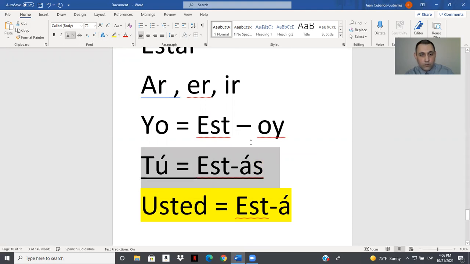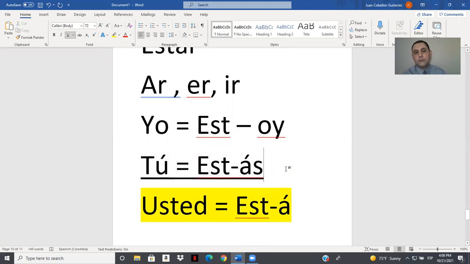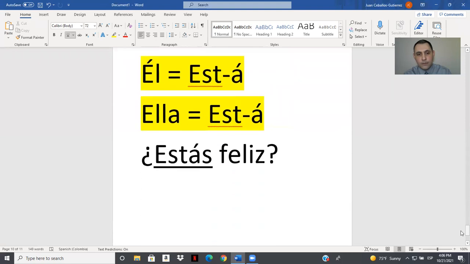So, estás is second person informal. It's conjugated in the second person informal. But what happened with the sentence? You see that I omitted the subject. I didn't say tú. So in Spanish, it's very common to omit the subject in sentences.